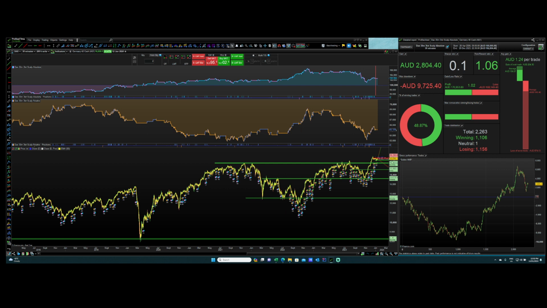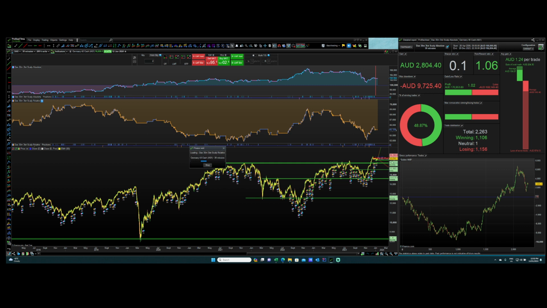Okay. Well, let's reinstate that, and then we'll just run it for January so people can see if it would have been worth trading this month. January 2024 so far. Okay, apologies.